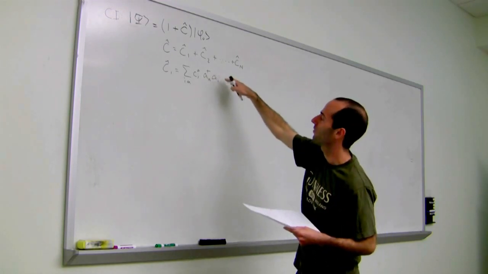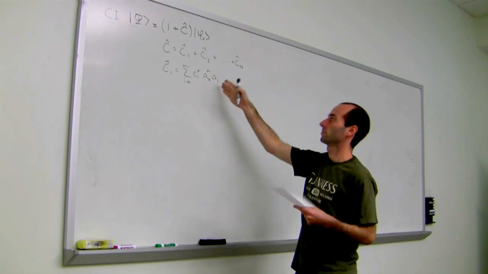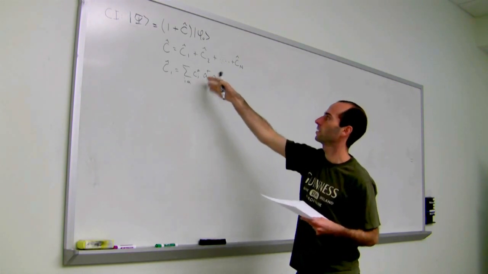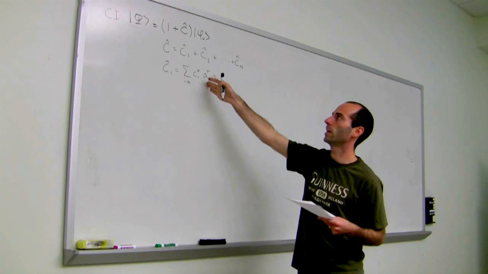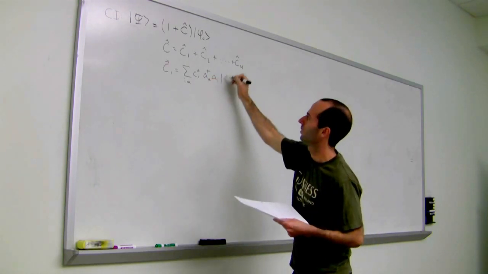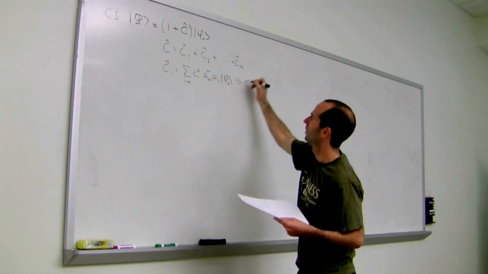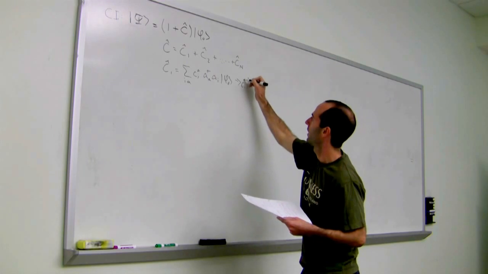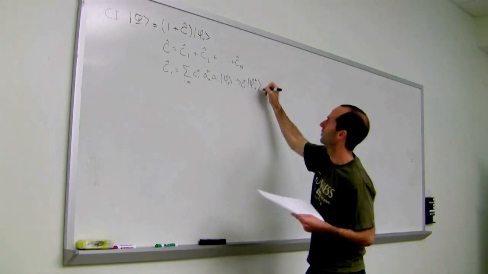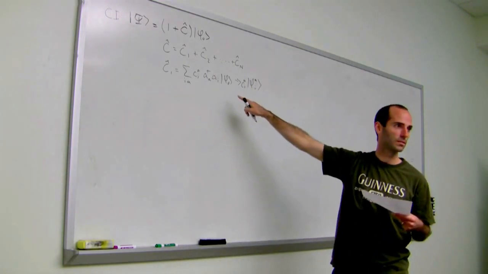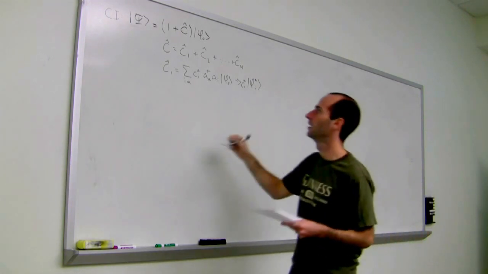So when this acts on the reference function, it will kill an electron in orbital i, create an electron in orbital a, and you end up with c_ia times phi_ia. Does that make sense? Excitation operator.